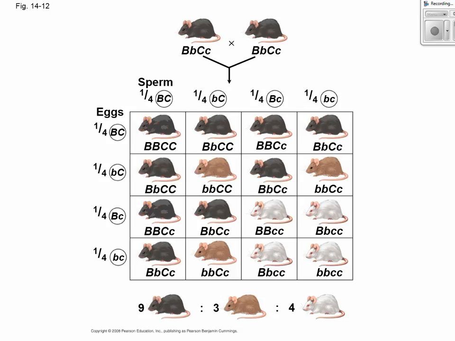And it's FOIL. Have you guys noticed that? How do I figure out all the combinations? Let's do that real quick. So on the top, big B, big C, little c. So just do FOIL to get all your options.